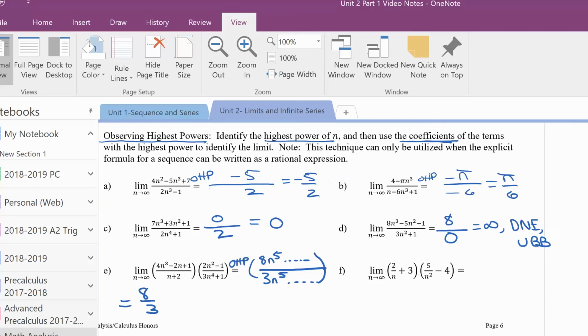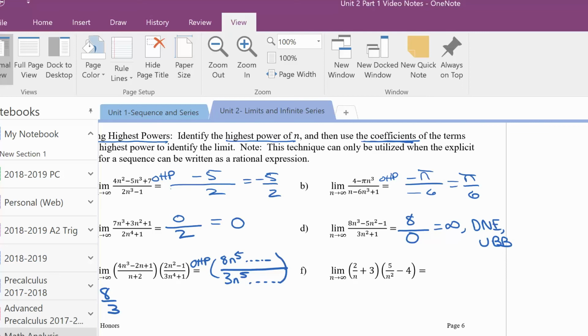Part F. So if you look here, if we get a common denominator, the common denominator here would be n squared. Actually, we'll look at it this way.